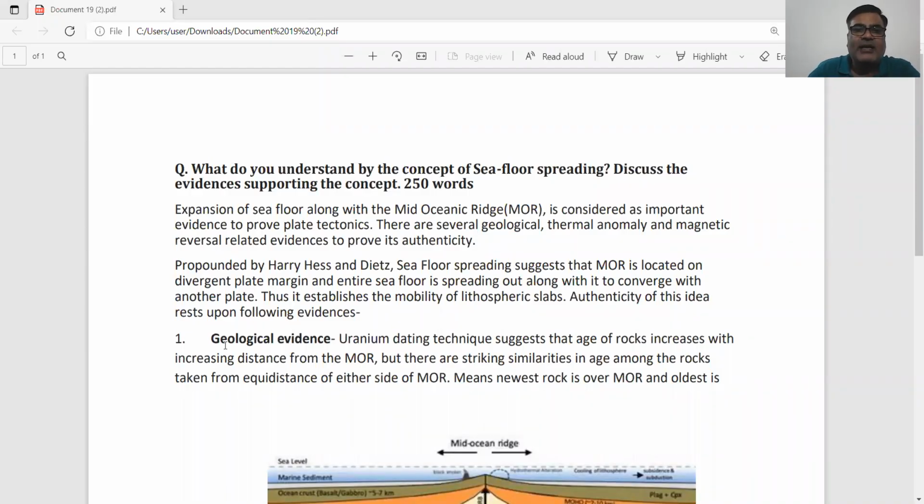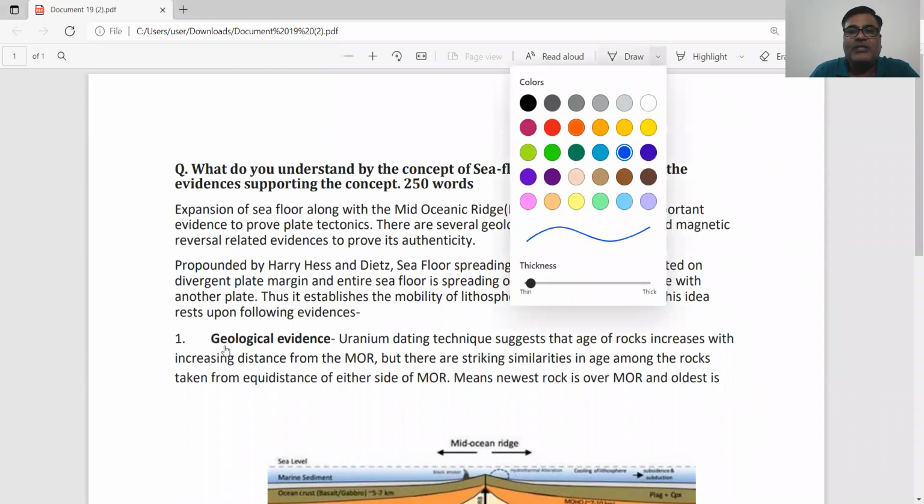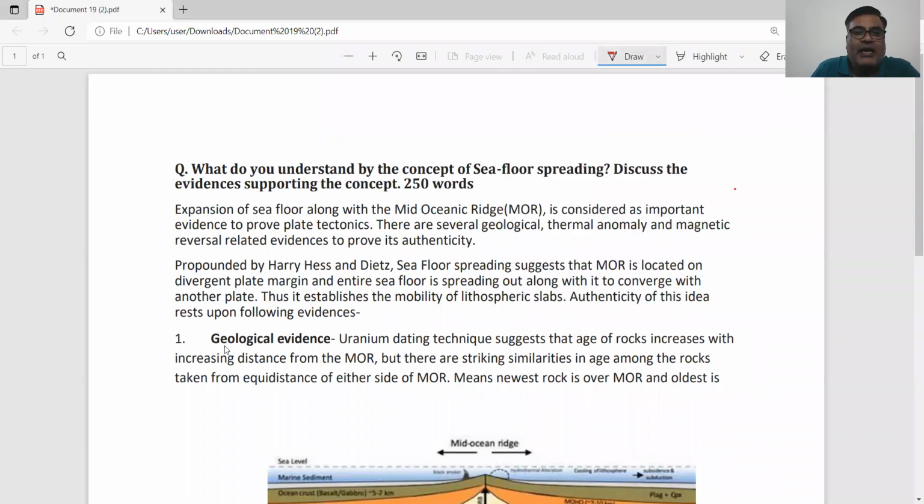Now, here you see that I have given a question: what do you understand by the concept of seafloor spreading? Discuss the evidences supporting the concept. And the word limit I have given is 250 words. All right. So there you see that 250 words is there. So this is what I have written as the intro.